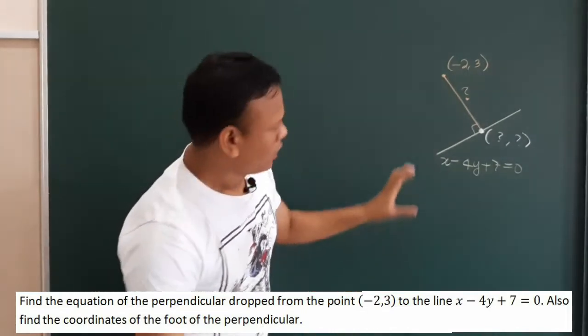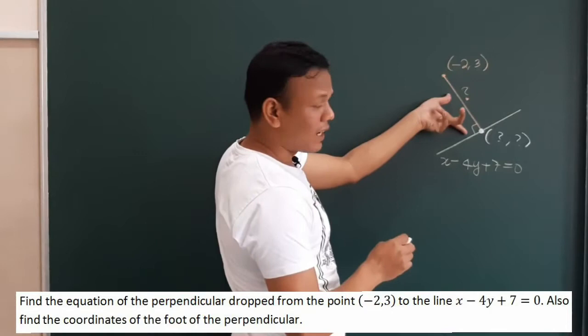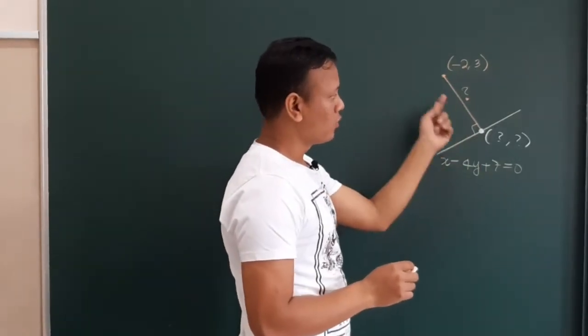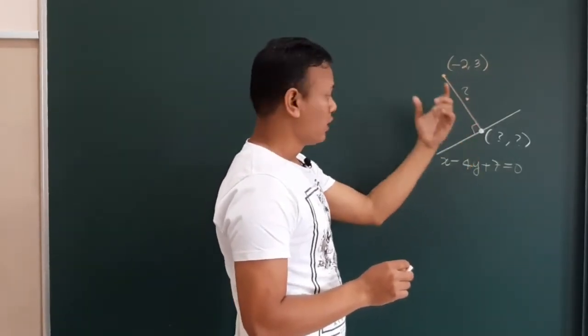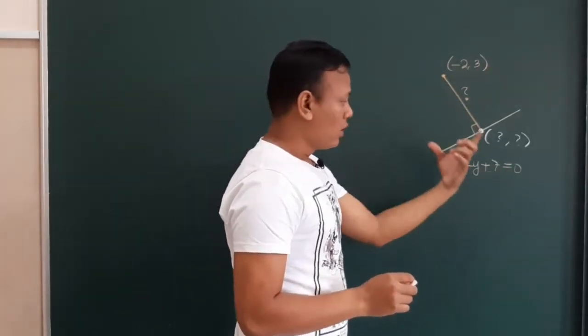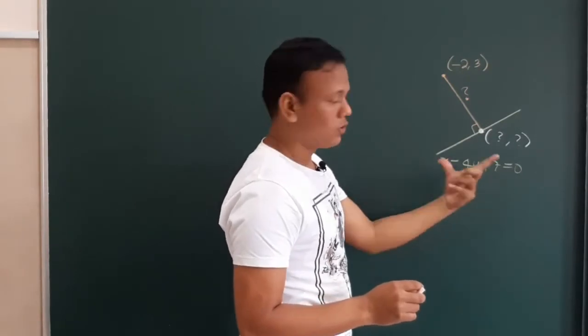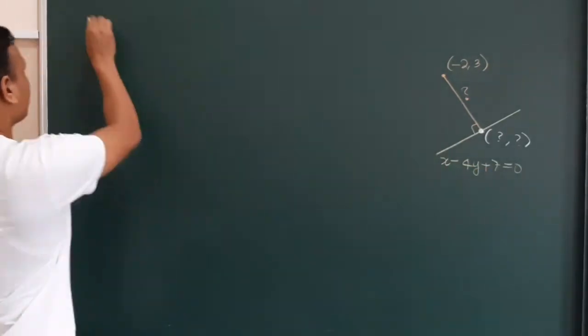Now, if you see carefully, this is a line perpendicular to this line, isn't it? So to find the equation of this, let us see what will be the equation of a line which is perpendicular to the given line.